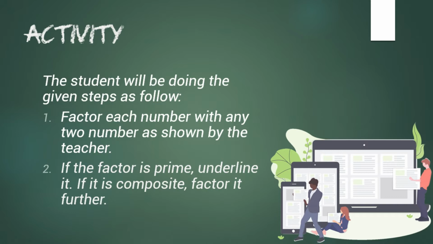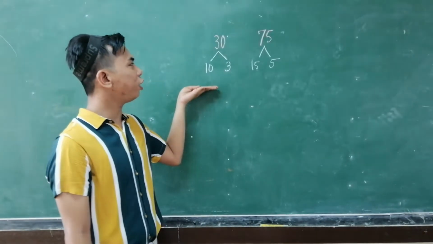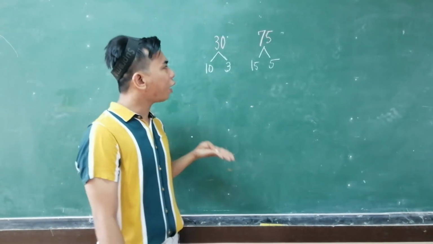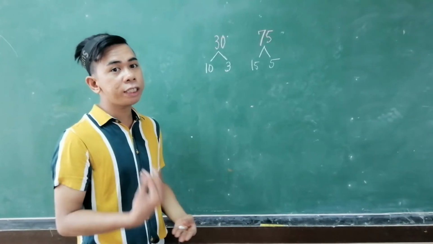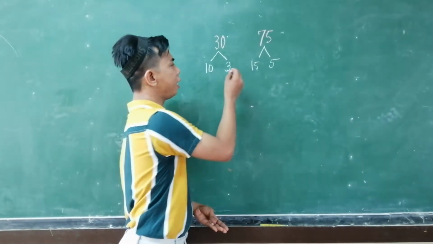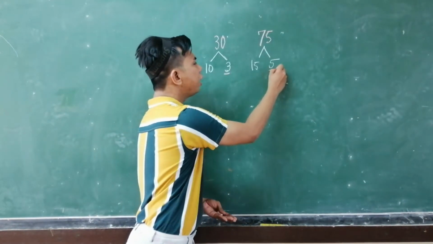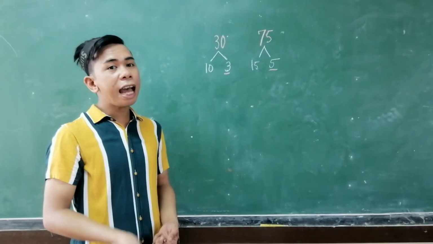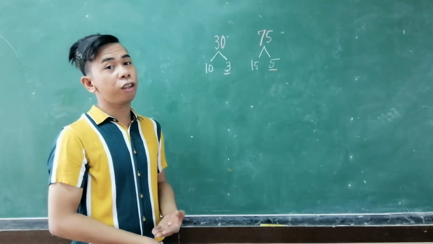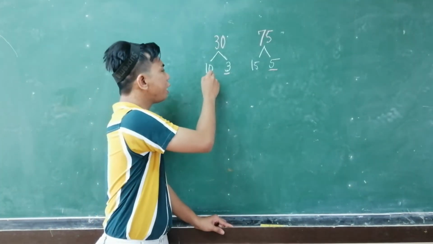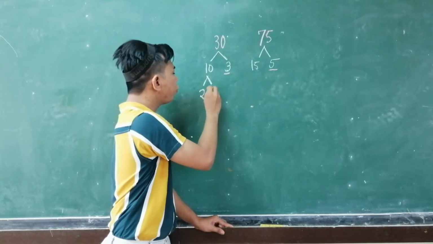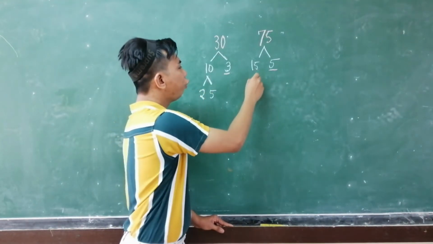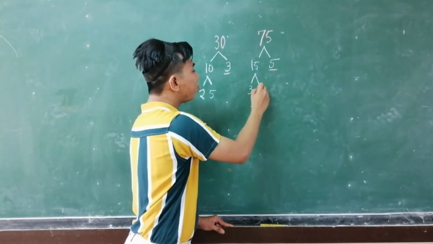If it is composite, factor it further. So based on my pair of numbers, if the factor is prime, underline it. If it's composite, factor it further. So for our 10 here, let's have, of course, 2 and 5. And for 15, 3 times 5.